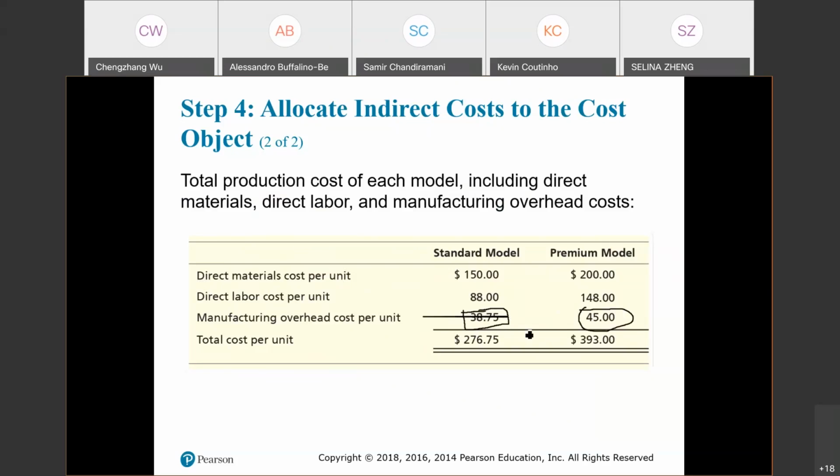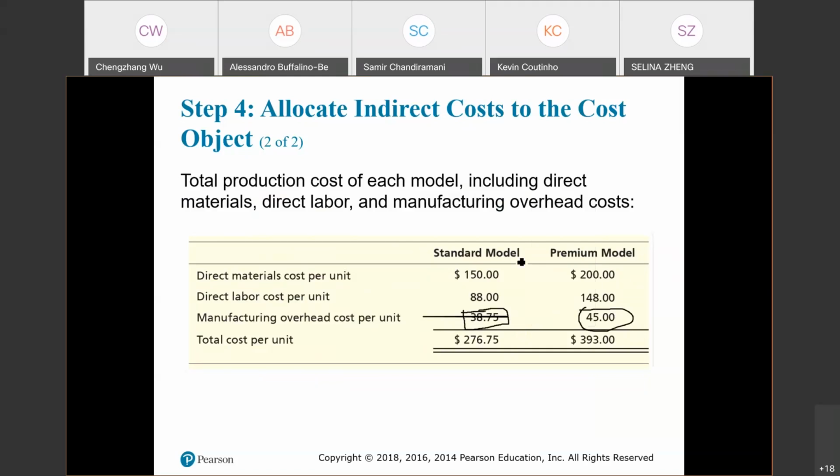These two numbers for standard model and premium model respectively, we get the total cost per unit. Well, now that we know the indirect cost of the standard and premium model of the touchscreen tablet computers.